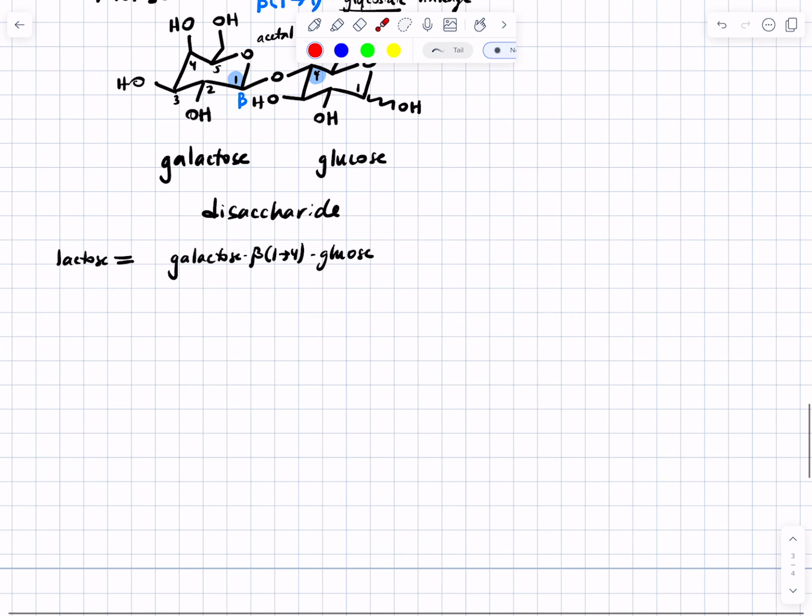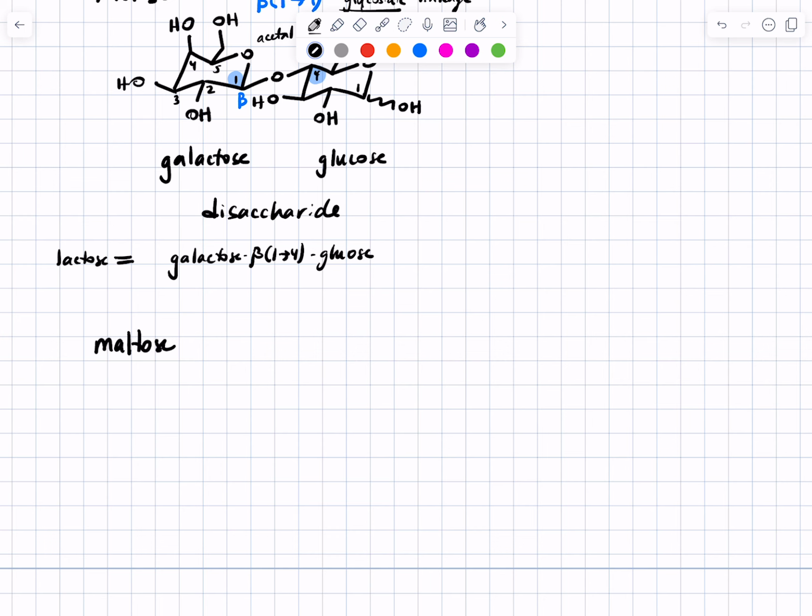Let's look at maltose. So maltose is a disaccharide of glucose subunits.